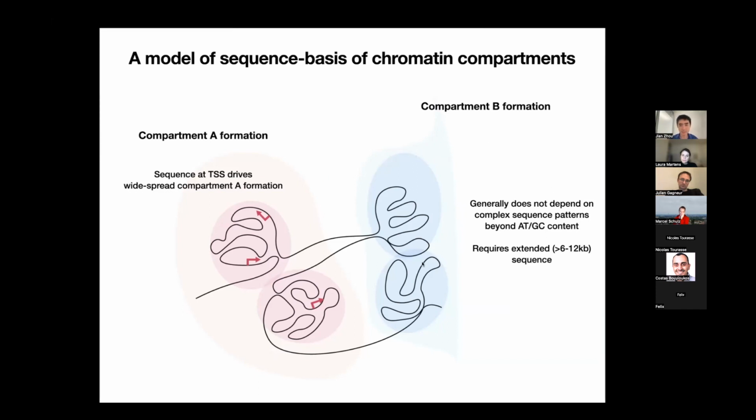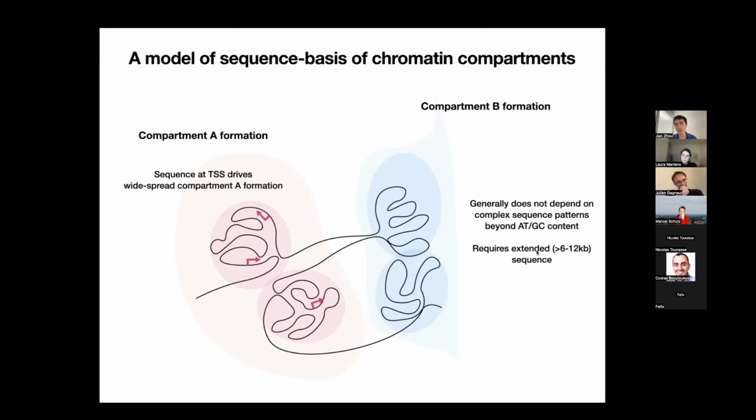And the compartment B formation does not depend on complex sequence patterns beyond AT content. It doesn't mean that complex sequence patterns cannot induce compartment B, but mostly that they all seem to be unnecessary for compartment B formation. And it requires a relatively long sequence without compartment A activity to form compartment B.